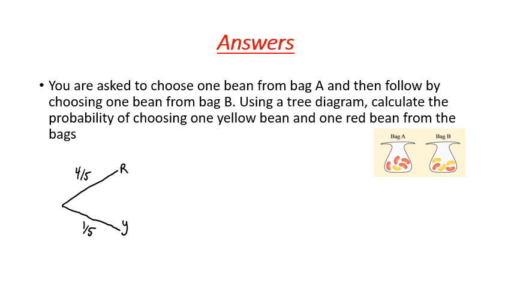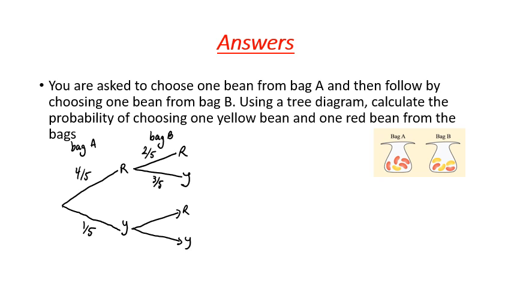Once we've done that, so this is bag A, we then have to choose from bag B. And we can either choose a red or a yellow. So we have 2/5 chance in bag B of a red and 3/5 chance of choosing a yellow. And it's the same for our other option.